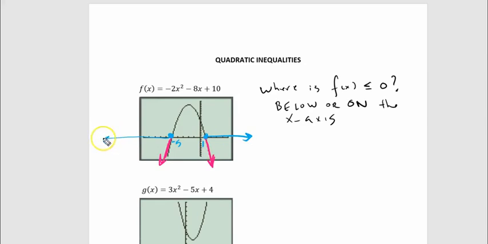So when my x values are between -infinity and -5 inclusive, or at 1 or anywhere bigger than 1, I get a point on the graph that's either on or underneath the x-axis. And so that would be the answer there.